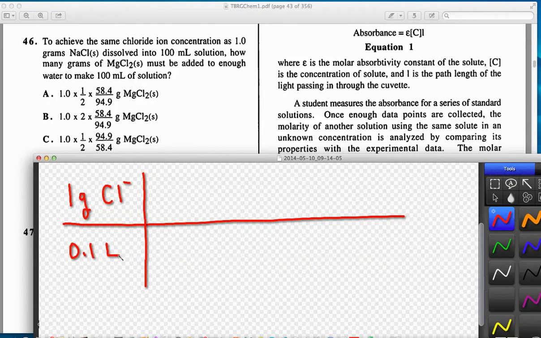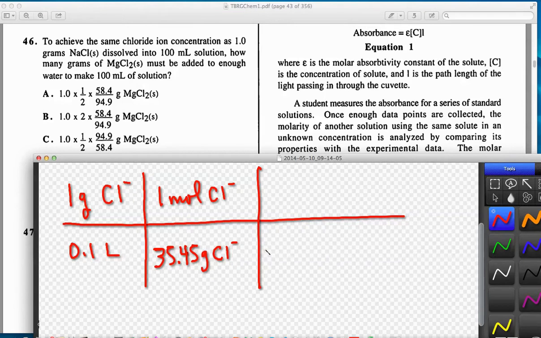0.1 liters of solution. I know that there are 35.45 grams of Cl minus in 1 mole of Cl minus. I know that there are 2 moles of Cl minus in 1 mole of MgCl2.